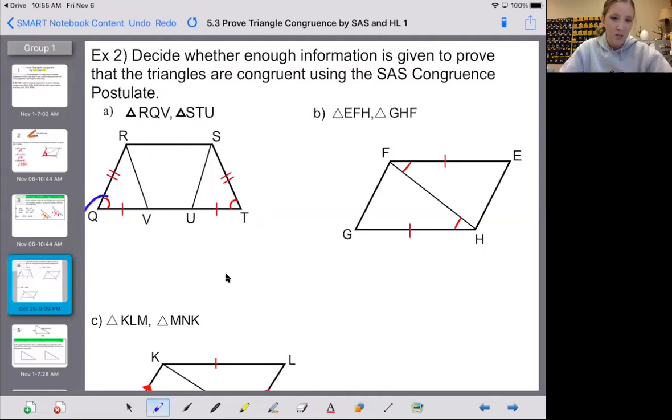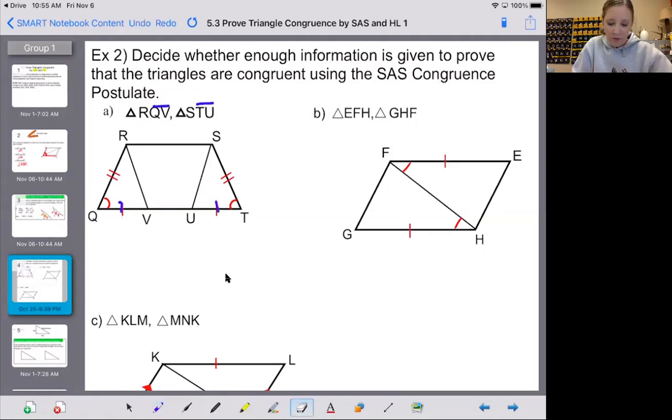The angle that's marked here is Q, and the angle marked here is T. And I noticed that Q and T are both in the right position. So that's one of the things that'll help. I also want to check, is segment RQ the same markings as segment ST, which it is. And then I'm also going to check the third piece, which is the other side. Is QV the same as TU? And it is.